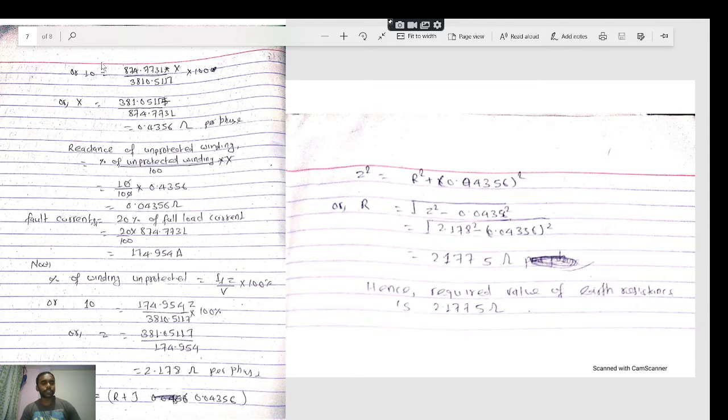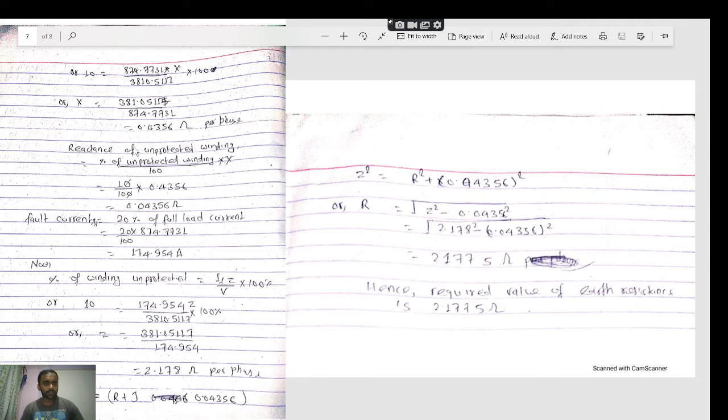Now percentage reactance is given as 10%, full load current equals 874.7731, and phase voltage of the alternator is 3810.5117, into 100%. So X equals 381.05117 divided by 874.7731. So X equals 0.4356 ohm per phase.